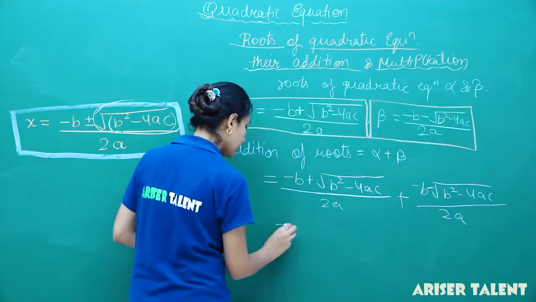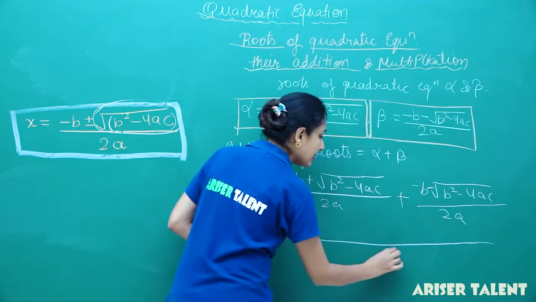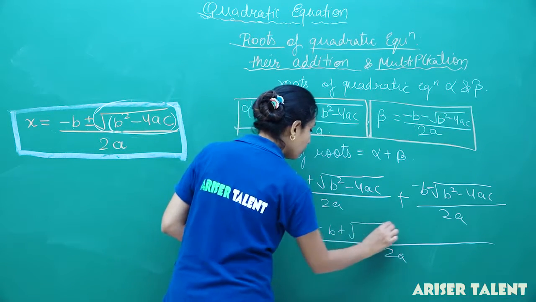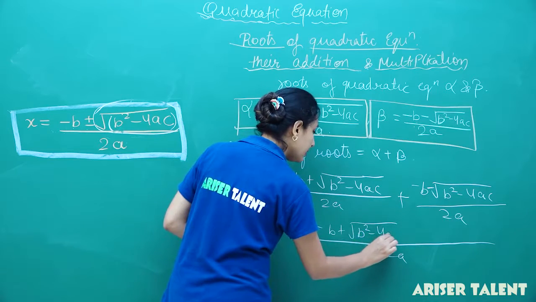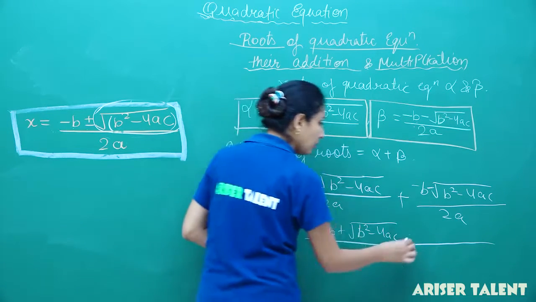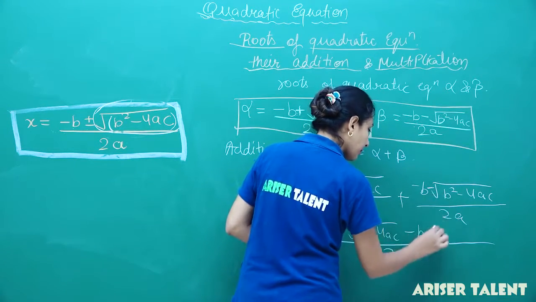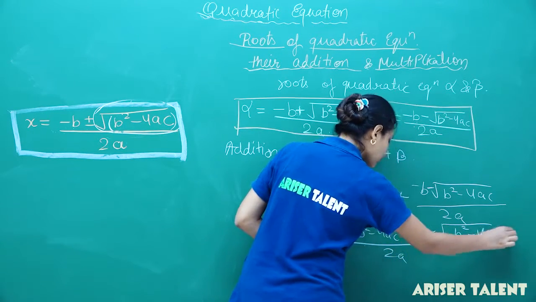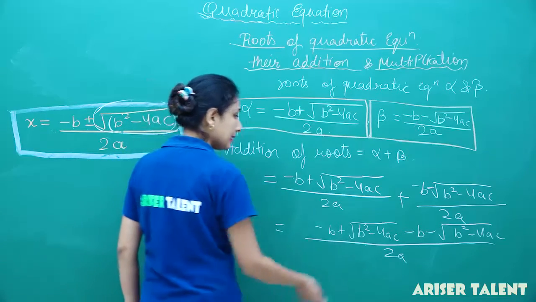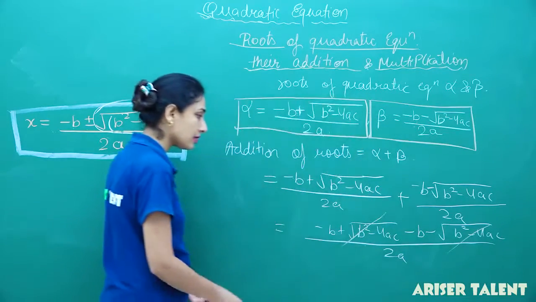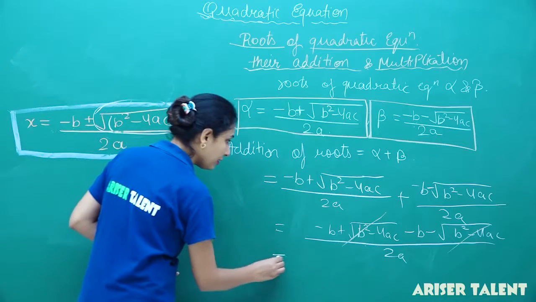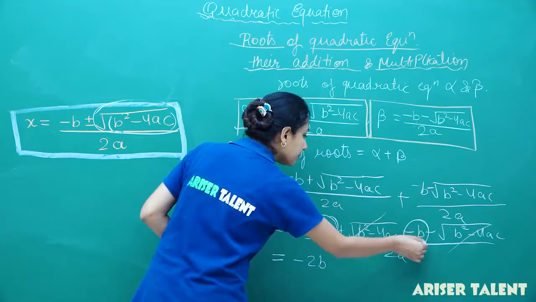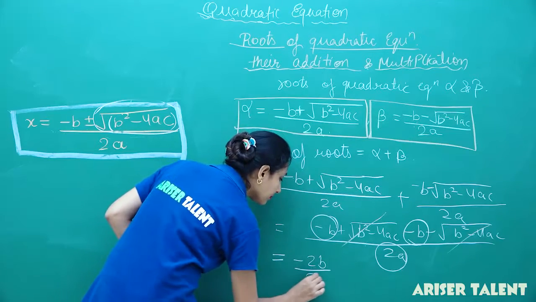So, I can take 2a common as LCM here, and we get minus b plus root b square minus 4ac, again minus b minus root b square minus 4ac. Now, students, you can easily see that this term will be cut by this term. So, what will it become? That will become minus 2b upon 2a.